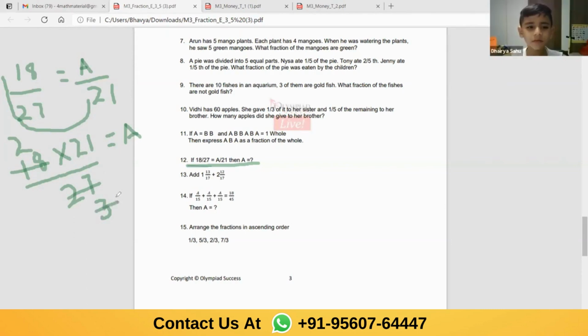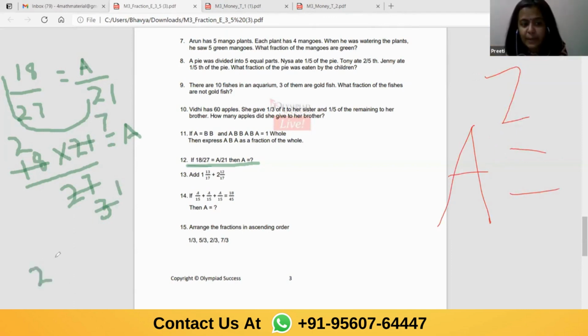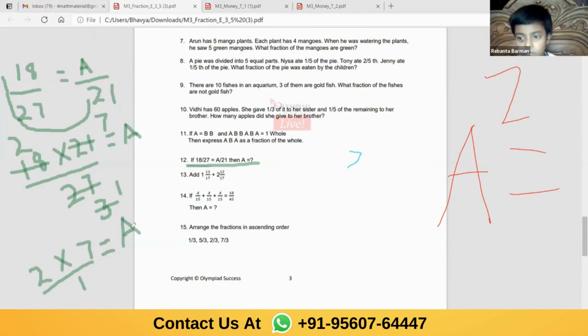Yes, ma'am. 3 7s are 21. Correct? Yes, ma'am. So now what is left? In the numerator, I am left with 2 multiplied by 7. And in the denominator, I am left with only 1. So this is my A. So my A is equal to 14 because 2 into 7 is 14. 14 by 1 is 14 only.